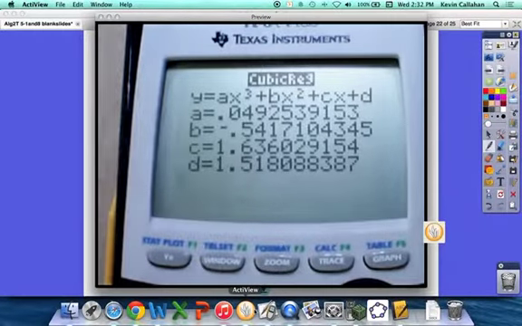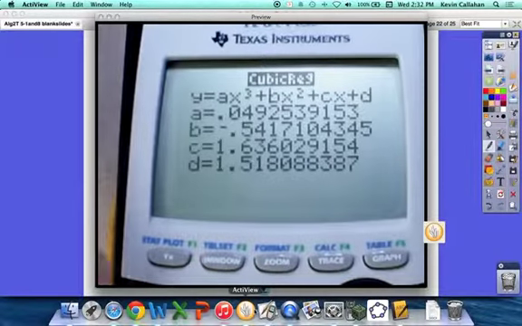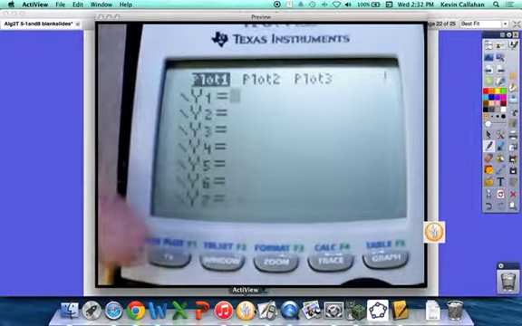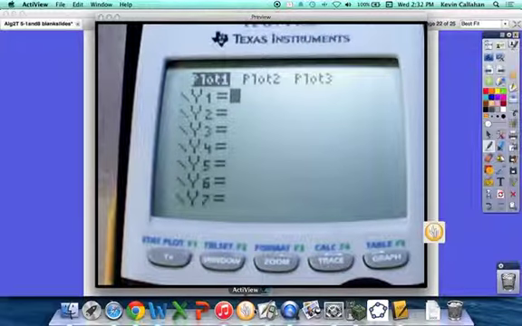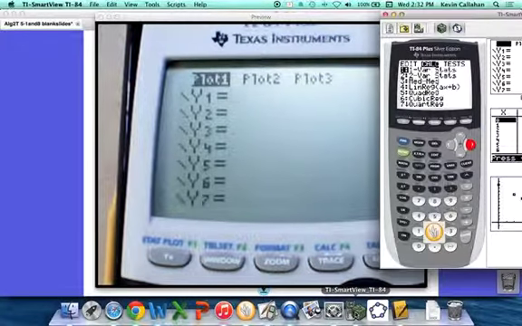Now, if you've got that in your calculator, if that's the last thing you did, then go to y equals, the y equals button in the top left. You should have a blank line. Now hit vars.